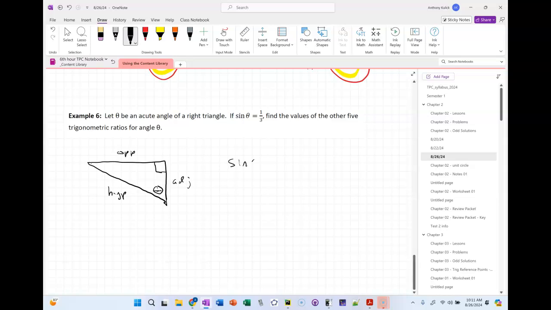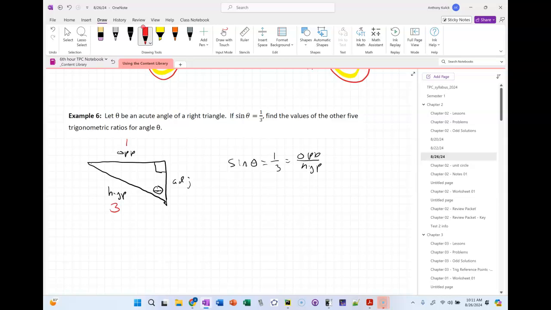And we're told that sine theta is 1/3. And I know sine is opposite over hypotenuse, right? So I know that side is 1 and that side is 3. It is now the same problem as before.